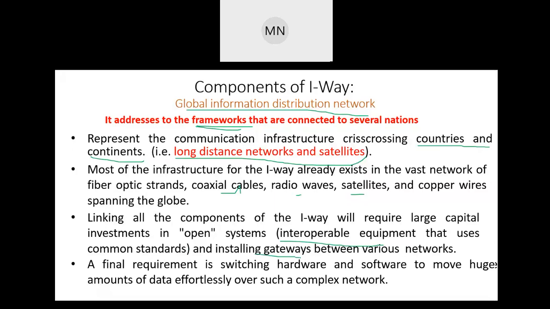That means the pathways to connect the different networks. And it also requires switching hardware and software to move large amounts of data effortlessly over the complex network. That means this information distribution network requires some switching hardware and software in order to transfer the data over the different networks.